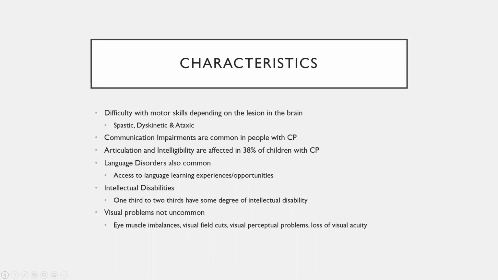Walking gait is often very wide and it can be irregular. And then we see control of eye movements and depth perception can sometimes be impaired, which is very important to choosing an AAC system.